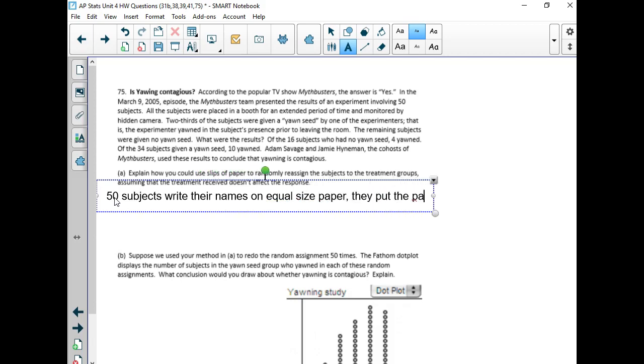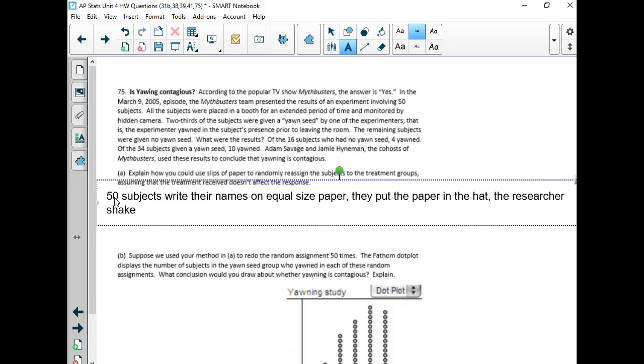They put the paper in the hat. The statistician or researcher shakes the hat up. The first 50 names get the yawn seed, and the 25 don't. The 25 remaining do not.